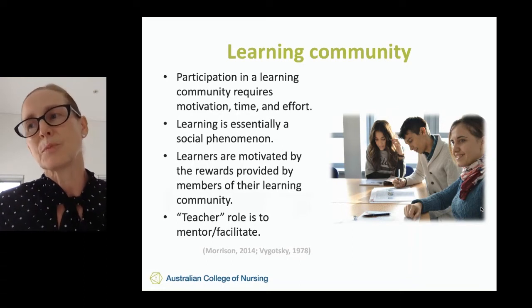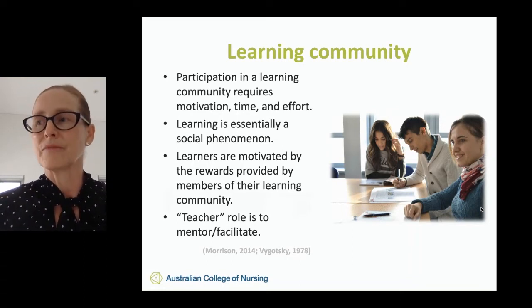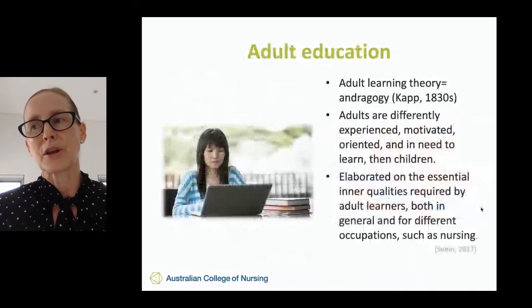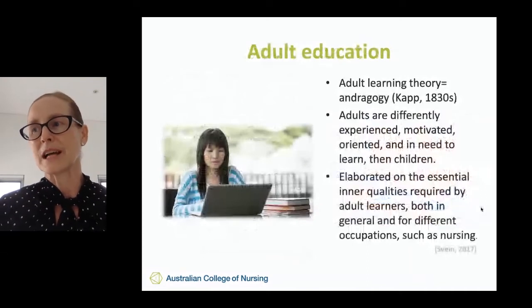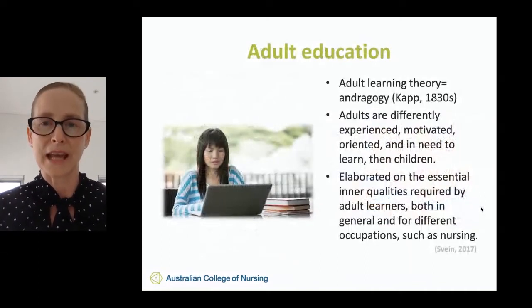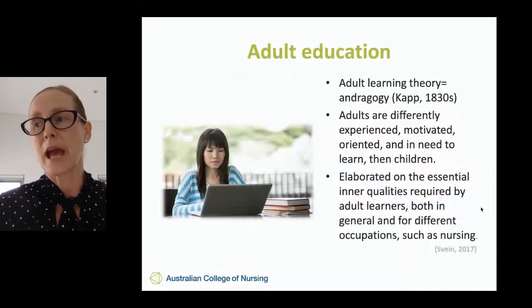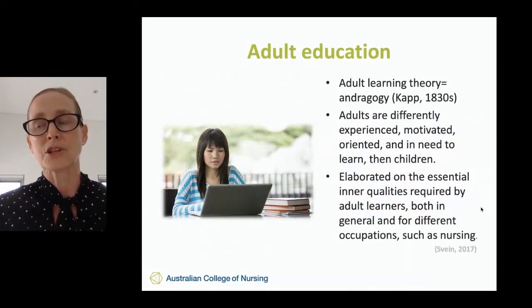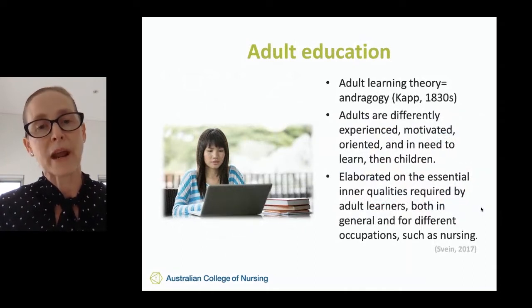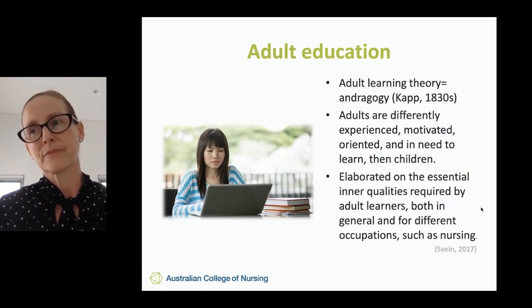So what are the differences between child and adult education? Adult learning theory is known and based on the ideas promoted by a German teacher, Alexander Kapp. As far back as the 1830s, Kapp argued adults' experiences, motivations, orientation, and need to learn differed greatly from those of children.